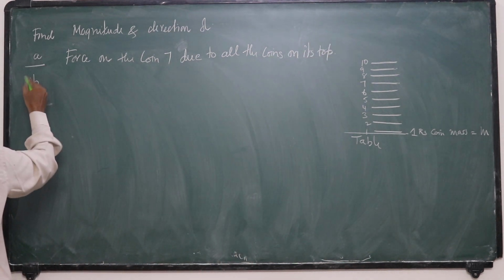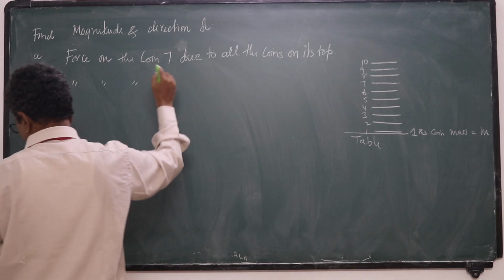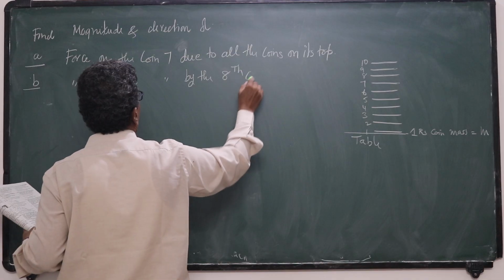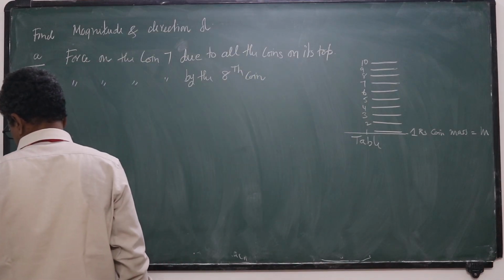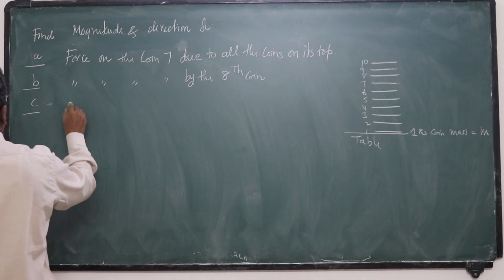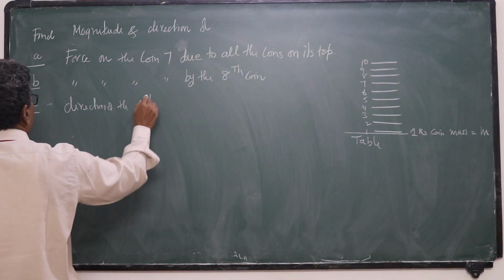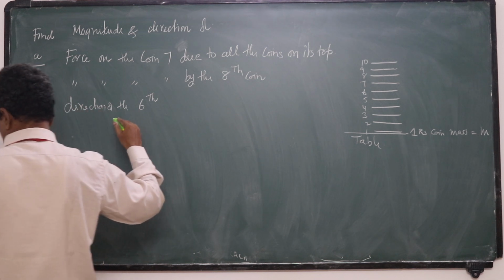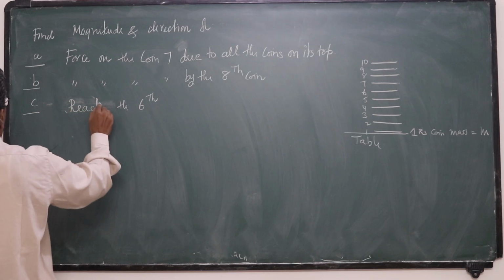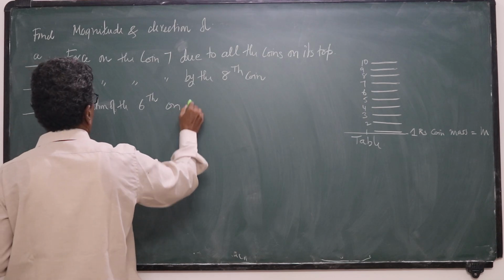B: the force on the seventh coin by the eighth coin. C: the direction of the reaction of the 6th coin on the 7th coin.